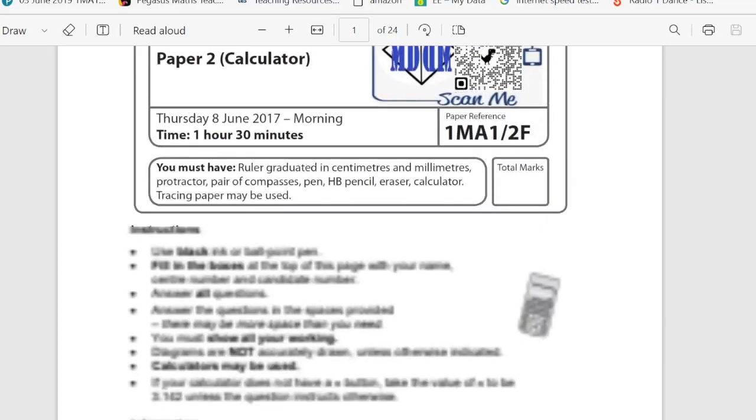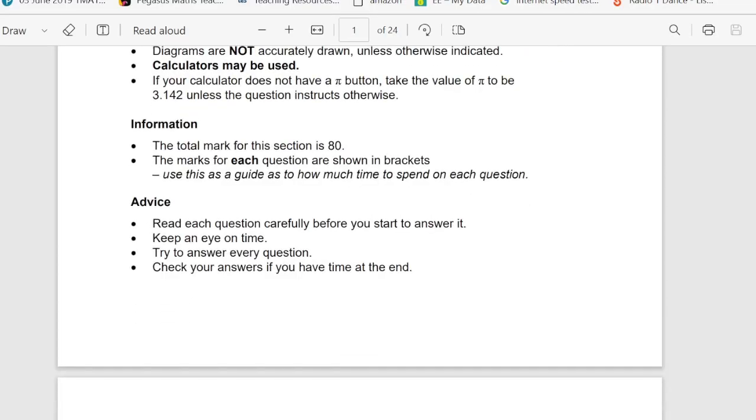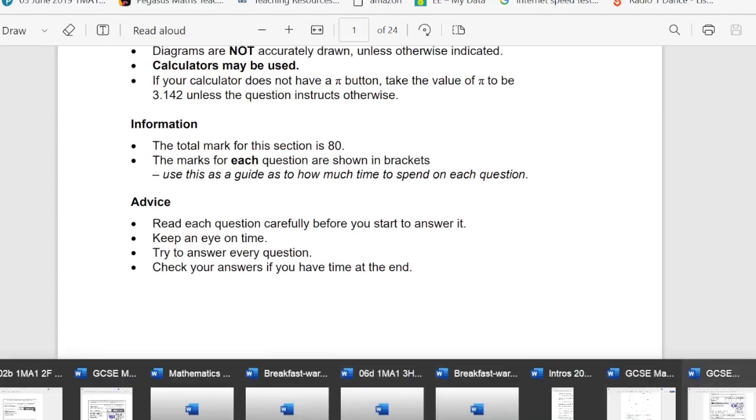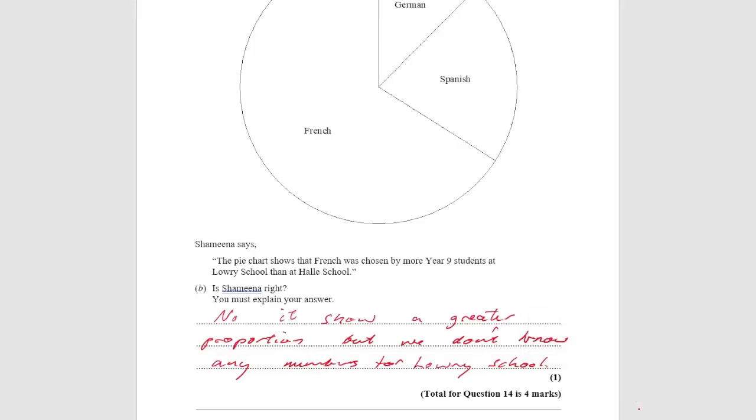So the issue with that then is that we're not given any numbers, so we can't compare numbers. All we can do is compare proportion. Pie charts don't compare numbers, they compare proportion.